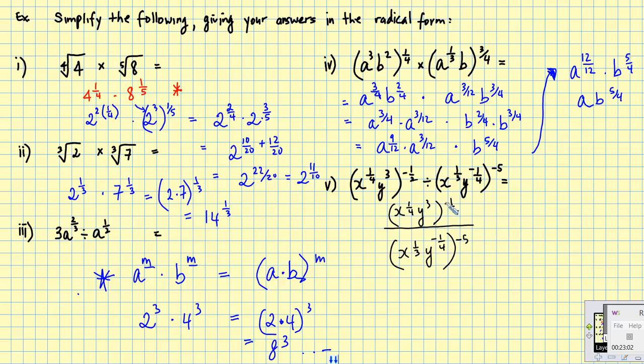In doing this, I'm going to bring the top part down to the bottom and the bottom part up to the top because I really want to get rid of those negative exponents of -1/2 and -5. So I'm going to flip these around so that this will go up to become positive and this will go down to become positive. So it'll become x to the 1/3 y to the -1/4 all raised to the power of 5, divided by x to the 1/4 y cubed all raised to the power of 1/2.